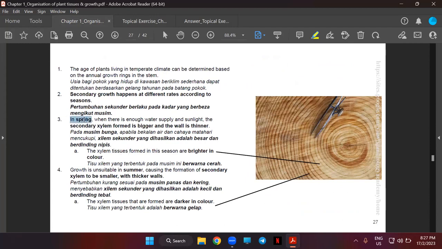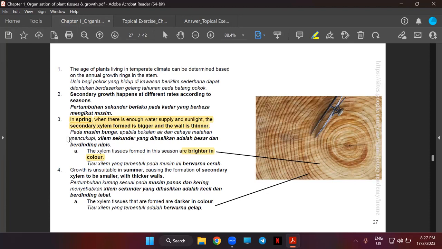In spring, when there is enough water supply and sunlight, the secondary xylem formed is bigger and the wall is thinner and is brighter in color. Dapat 1 markah. You get 1 mark.